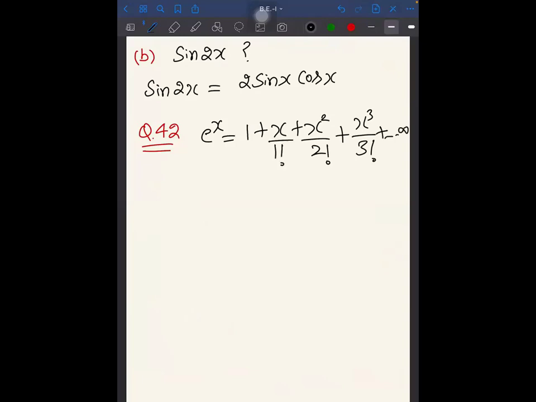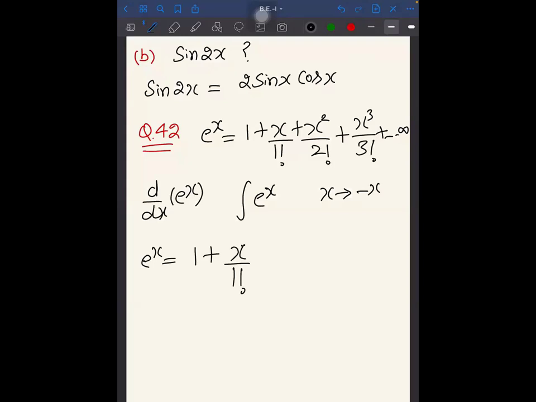What about the derivative of e to the power x and the integration of e to the power x? It remains the same, as we know. Even if we do it by power series, that also will be the same. If you differentiate both sides, what are you going to get? The differentiation of 1 is 0, and the differentiation of x is 1. For x square we get 2x, but 2 is already present in the denominator, so 1 factorial.